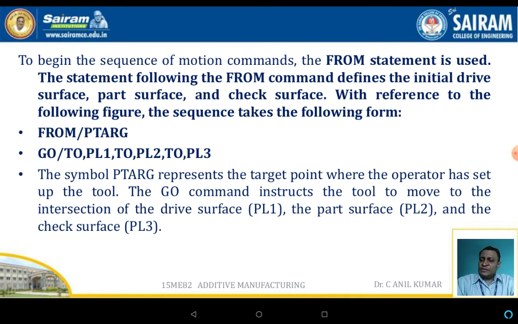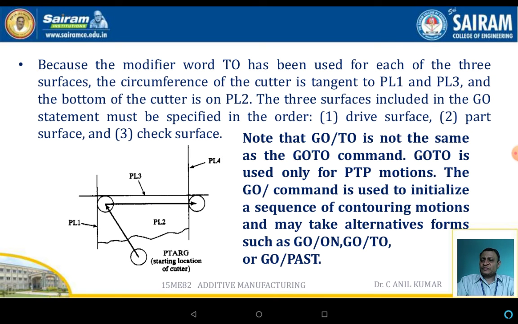It means that the symbol PTARG represents the target point where the operator has to set up the tool. The go command instructs the tool to move to the intersection of the driving surface, which is PL1, the part surface, which is PL2, and PL3, which is the check surface.